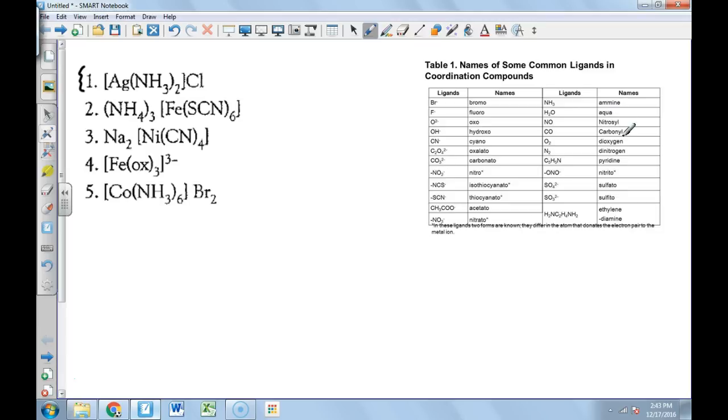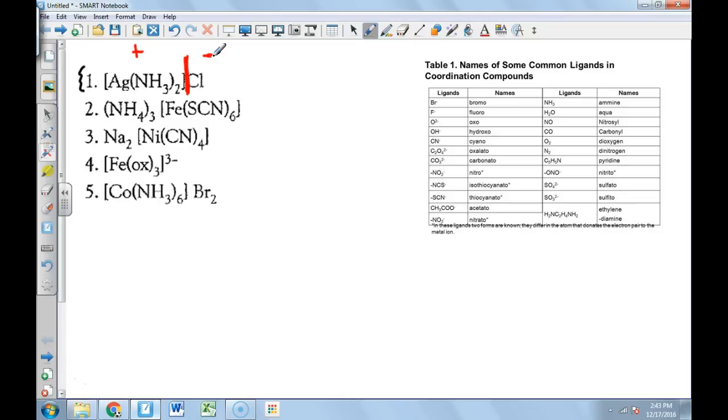Now I do have a table. It's a little bit different than the one that's in the Ultimate Chemical Equations Handbook, but it still has the same information on it. Just like any time, what you want to do is take this compound and split it in half. This is the positive side and this is the negative side.